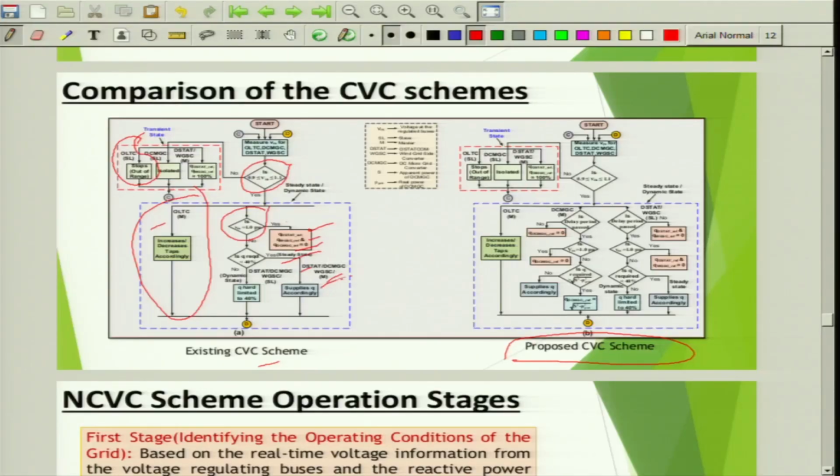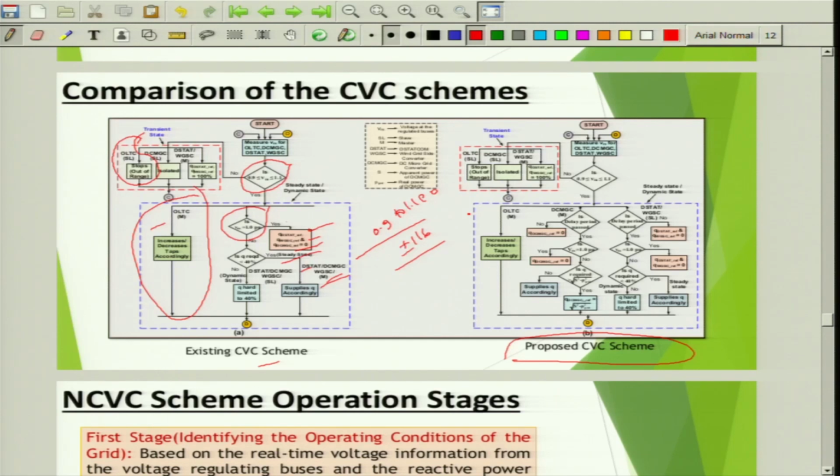During steady state or dynamic state, OLTC and all the fast acting converters, every player, is acting in a master role. During the transient state, OLTC cannot perform only because the voltage is less than 0.9 per unit, and we have already discussed that the range of operation of OLTC is within 0.9 to 1.1 per unit, because the taps are designed as plus or minus 16 taps to operate during this voltage deviation.